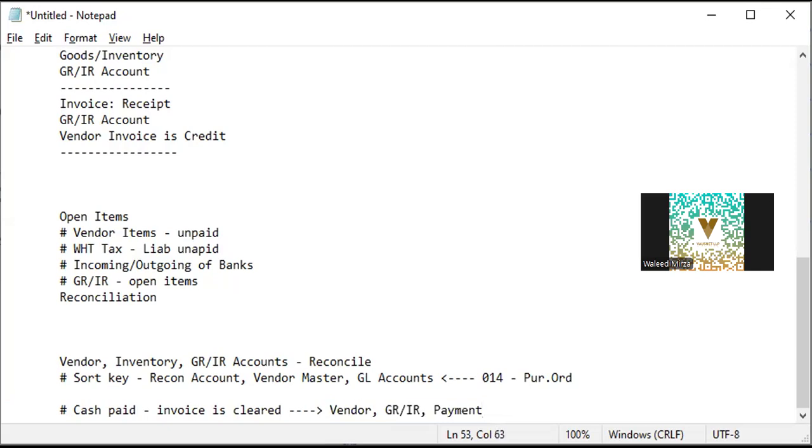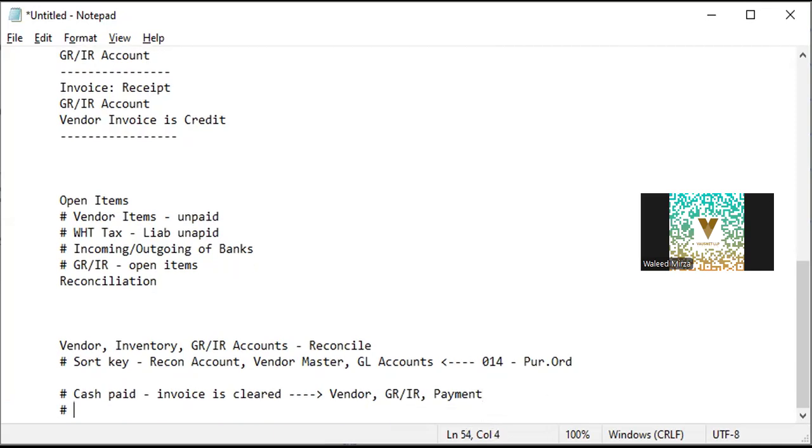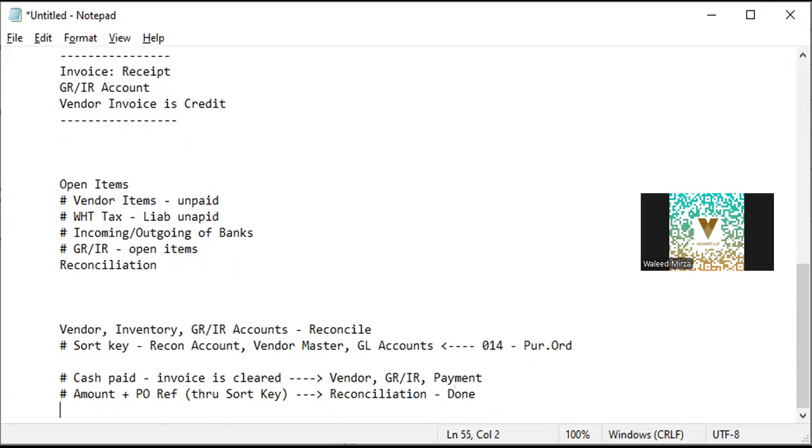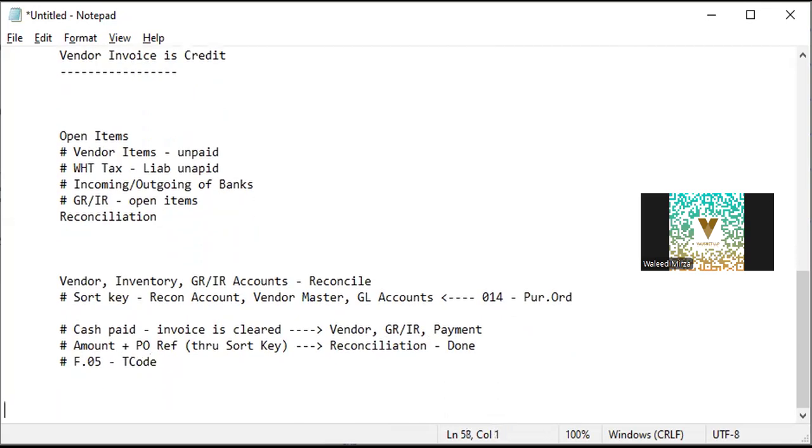The sort key basically works in this way: it finds the amount plus PO reference through the sort key, and reconciliation is then done. For reconciliation, F.05 is the T-code to run the reconciliation.